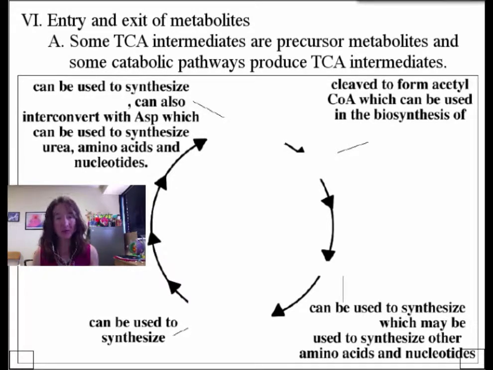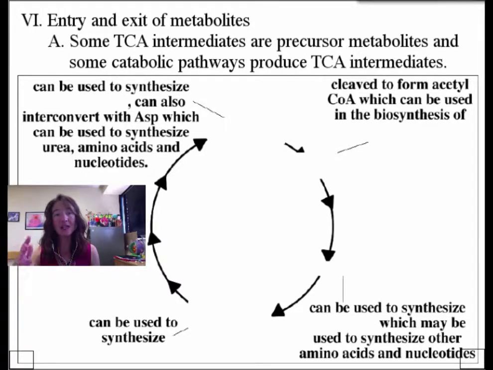And I think about those of you who have expressed a love of Legos. It's very important to note that a lot of the intermediates in the TCA cycle are Legos that can be utilized as building blocks in anabolic reactions. So in many cases, the fate of the intermediates will depend upon the need of the cell.